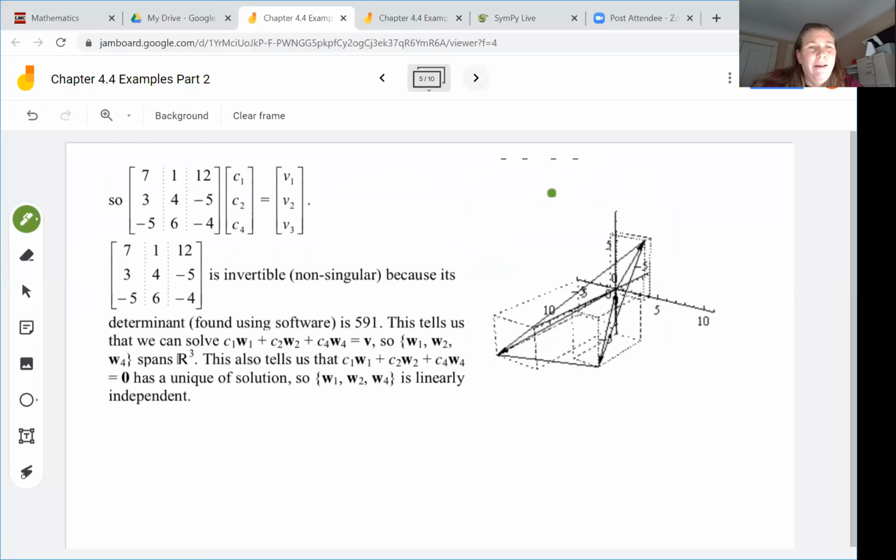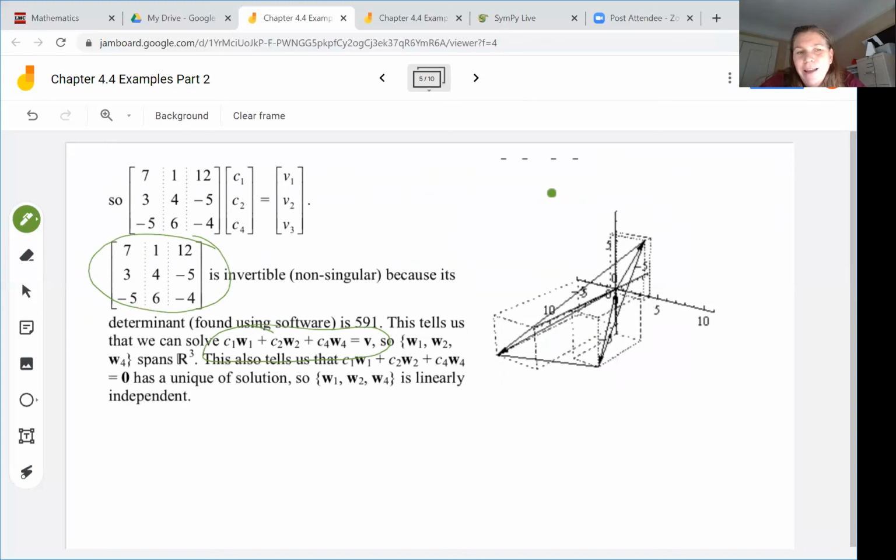So as we carry out these calculations, we see our coefficient matrix here is invertible, also known as non-singular, because its determinant, if you go check in SymPy, is 591. So this tells us that we can solve this equation here, C1 W1 plus C2 W2 plus C4 W4 equals V. So we can say the set W1, W2, W4 spans R3.